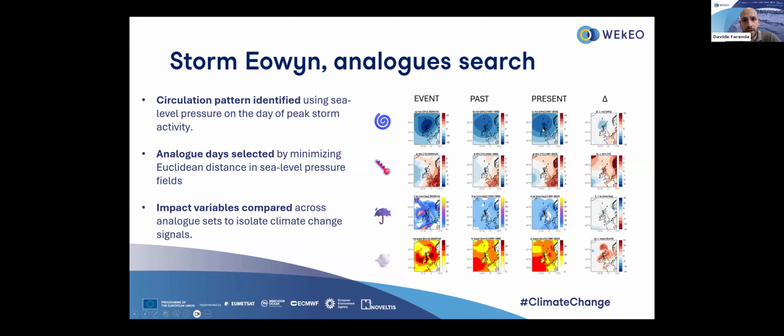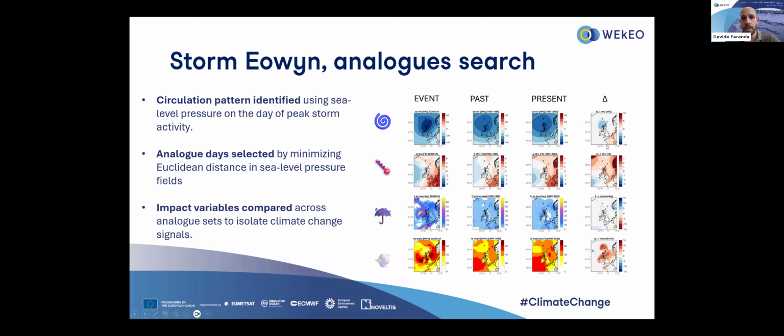We select the same number of analogs in the present period, that for us is 1987-2023 for this storm. And then you can see that the last column is the delta, that is present minus past. And this delta shows that storms similar to Eowyn have intensified in terms of having a deeper pressure minimum in the present compared to the past.